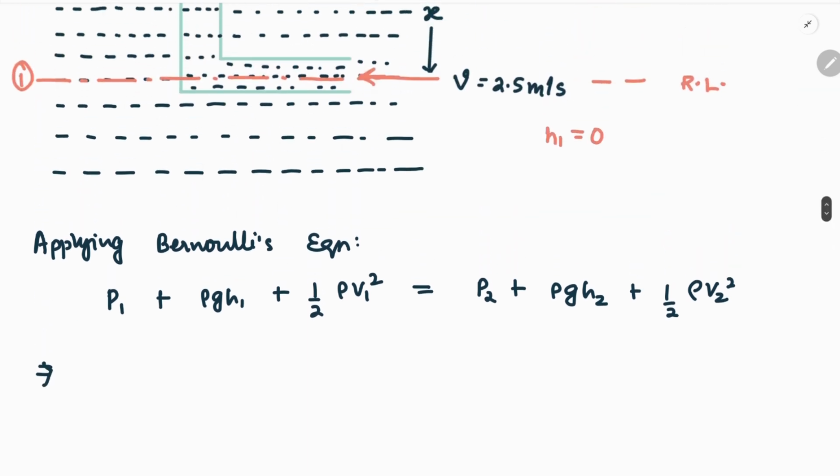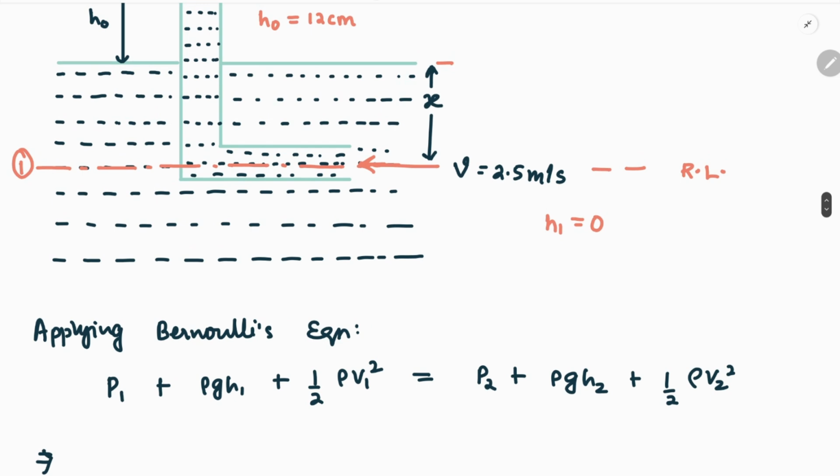If we calculate pressure at point 1, then pressure at point 1 is due to atmospheric pressure P0 and pressure due to the liquid column of height x. So we are writing pressure at 1 as P0 plus rho gx. Now since it is at the reference level, we are marking this as 0, plus half rho v square, where v is the velocity of flow.